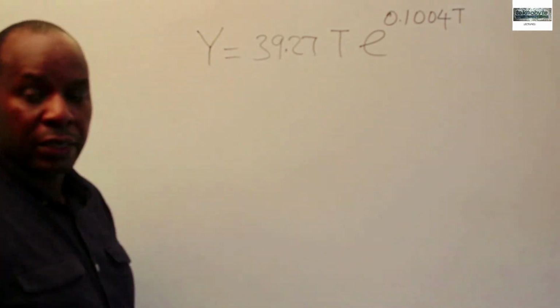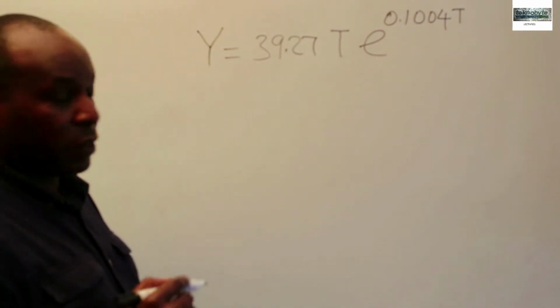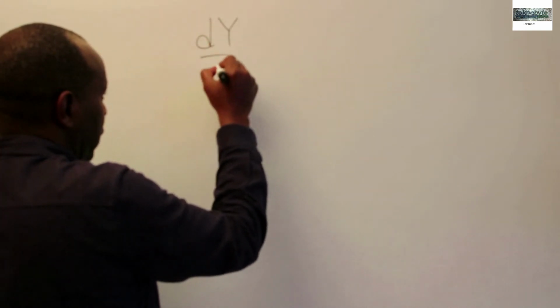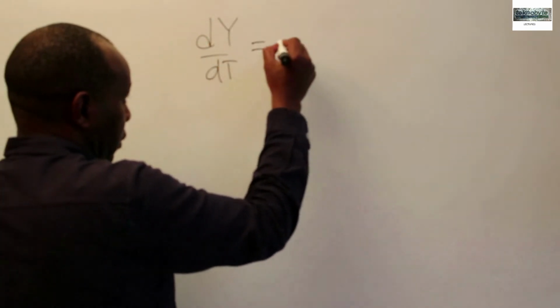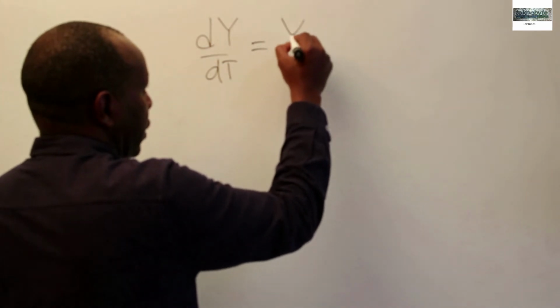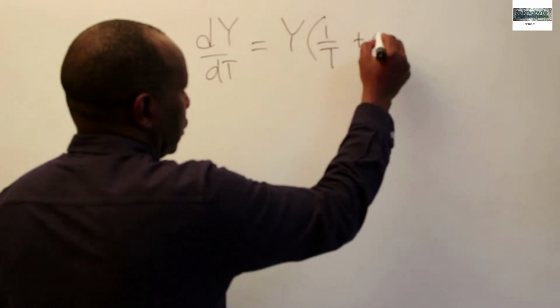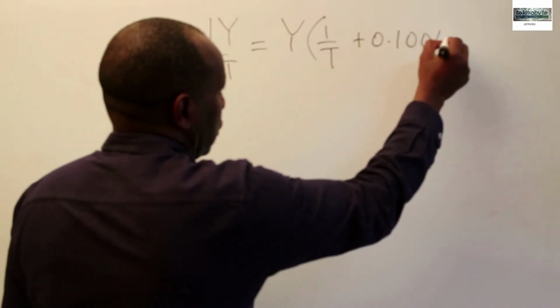Let's look at the rate of increase of the number of cases. The rate of increase of the coronavirus cases in the do nothing projection, we have said, is dy over dt equals y times (1 over t plus 0.1004).